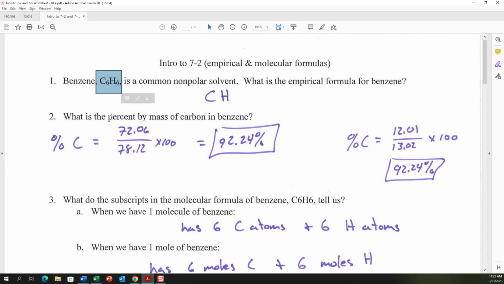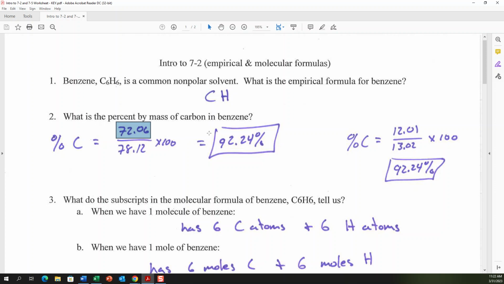Then we look at the formula, and it says we have 6 carbons, so we can calculate the molar mass of 6 carbons, and that would be 6 times 12.01. That is the mass of 6 carbons. So all we have to do is mass of the part divided by the total mass times 100, and we get the percent by mass of carbon in benzene is 92.24%.